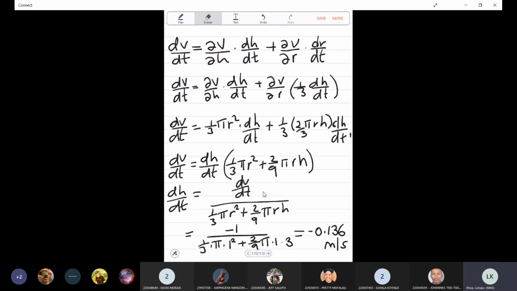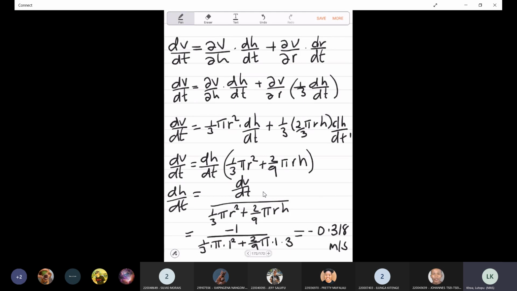Okay, so now I'm getting 0.318, and then our units are in meters per second.